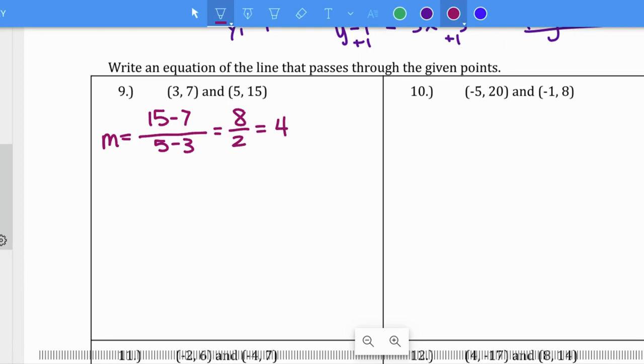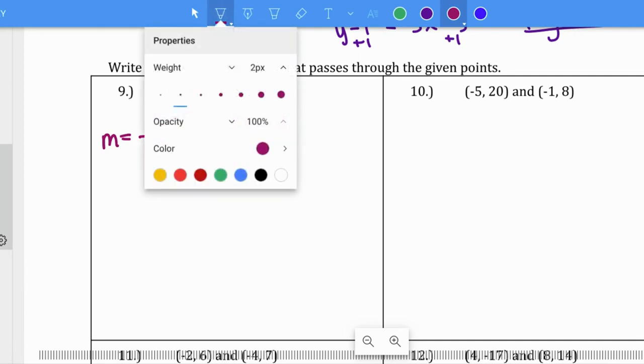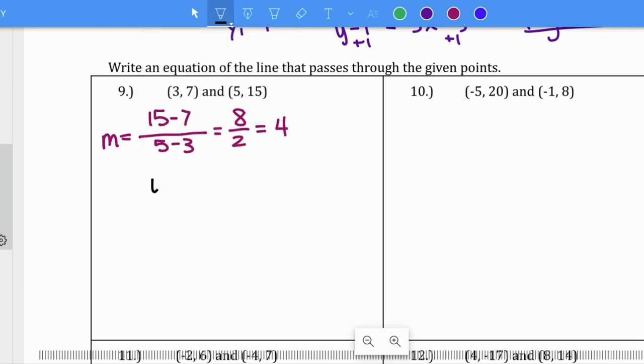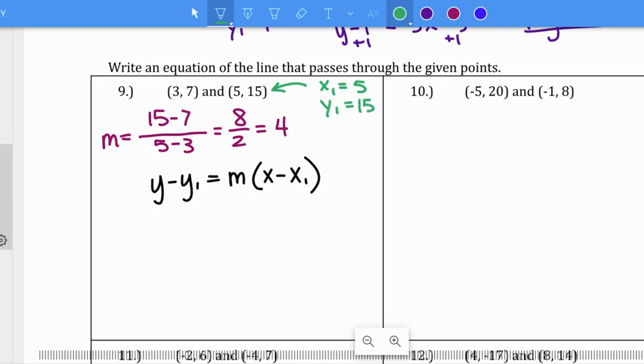Pick one of the points to use in point slope form. So let's see, we'll go with this one, right? I'm going to use x1 of 5 and a y1 of 15.